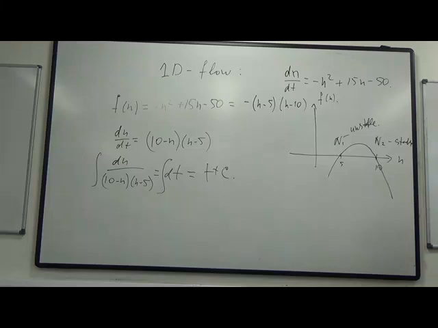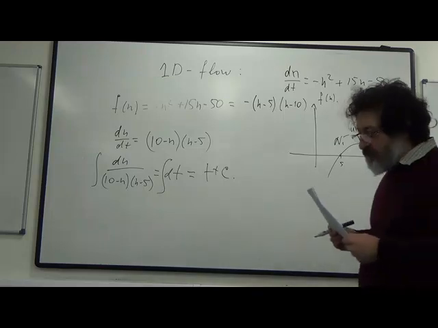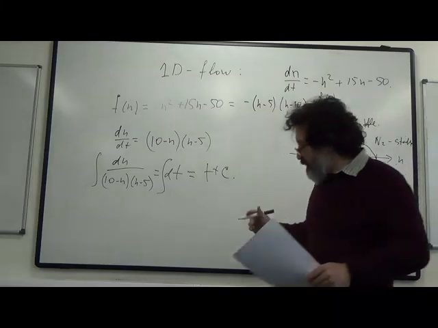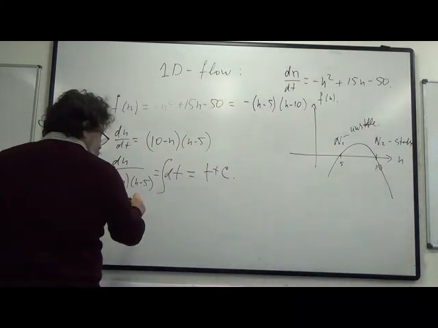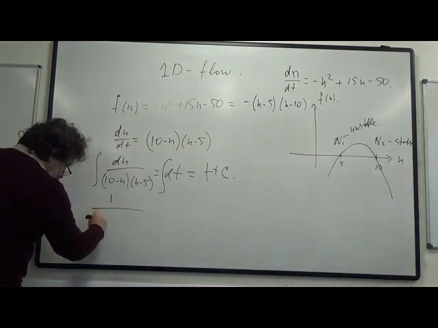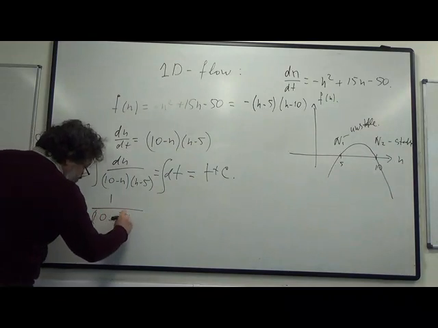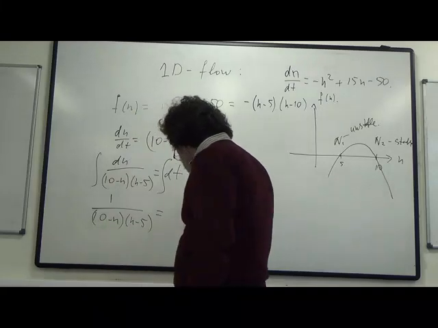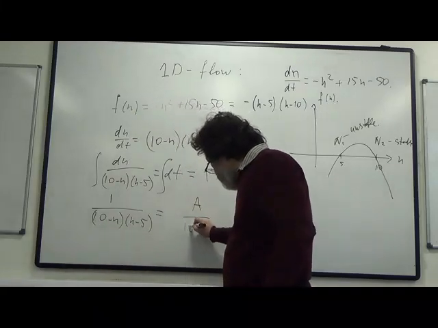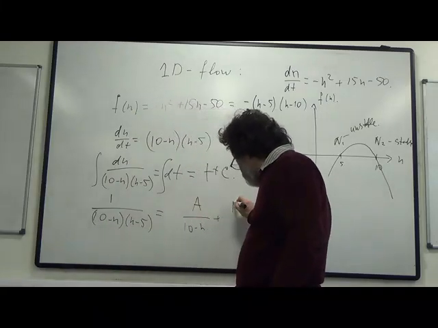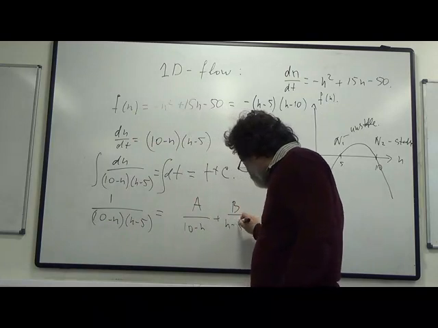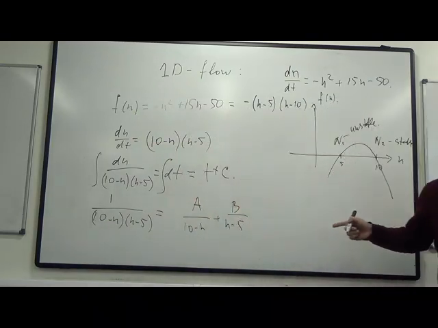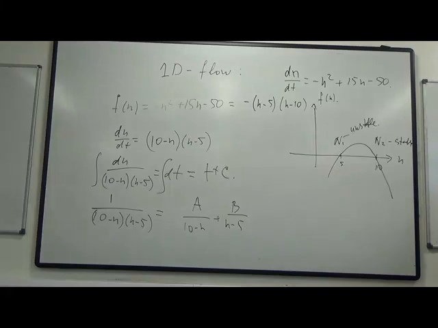You don't remember what it's called, but you know what it is. Okay, it's called partial fractions. So 1 over (10 minus n) times (n minus 5) can be presented as a over (10 minus n) plus b over (n minus 5). What are a and b? Can you find them?